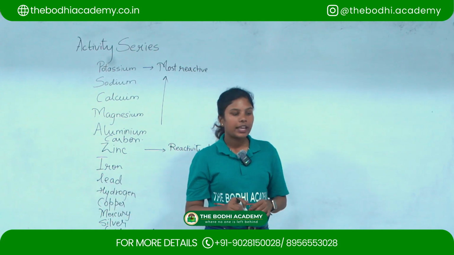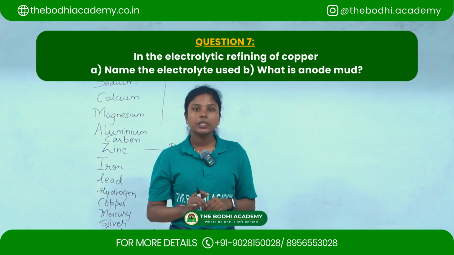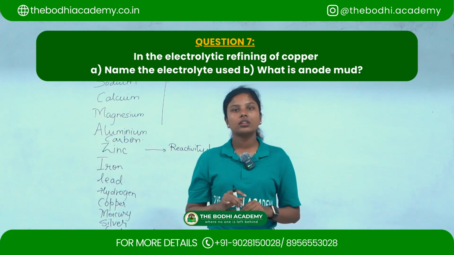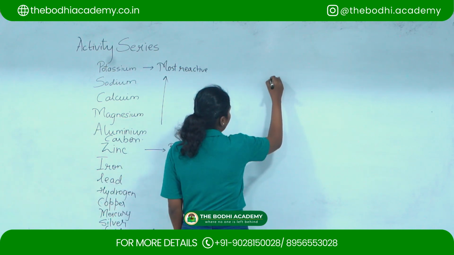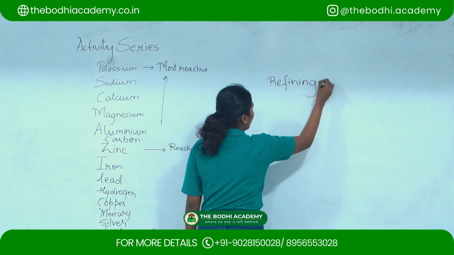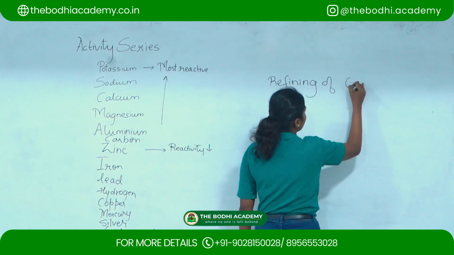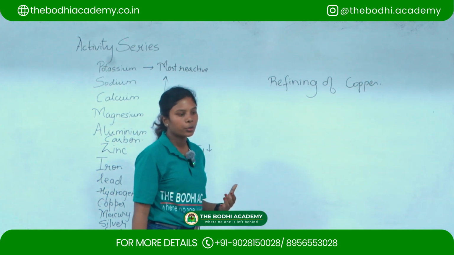Next question. In the electrolytic refining of copper, name the electrolyte used and what is anode mud. First, there is refining of copper, so we have to tell what type of electrolyte is going to be present.